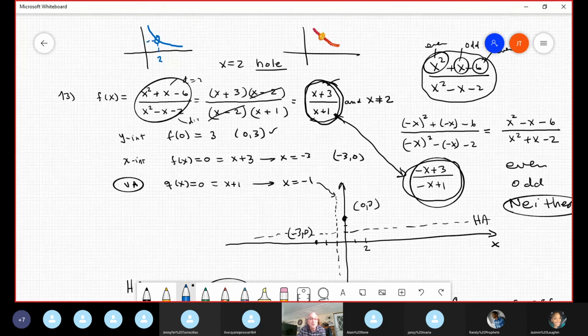Well, the y value is undefined because it's a hole, no? But see, I want to find the location in Desmos using an open circle, okay? You evaluate in the simplified at 2, and when you plug it in here, 2 plus 3 is 5, and 2 plus 1 is 3. And this famous point that gets a hole is (2, 5/3). More clear, Yasmin, now? More clear?